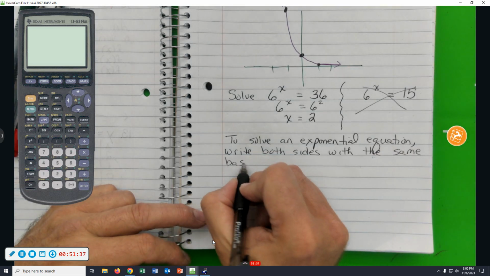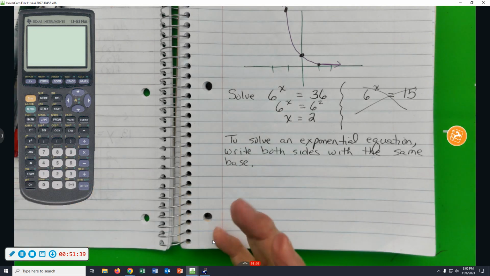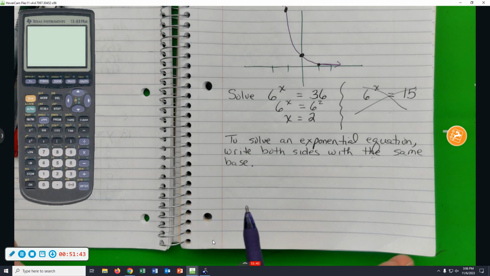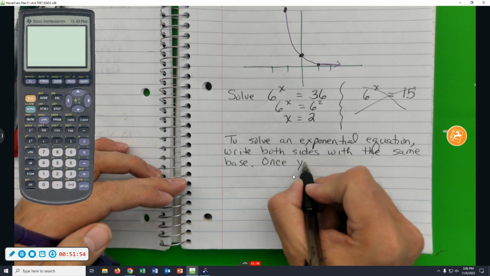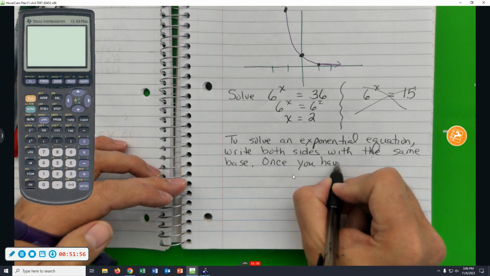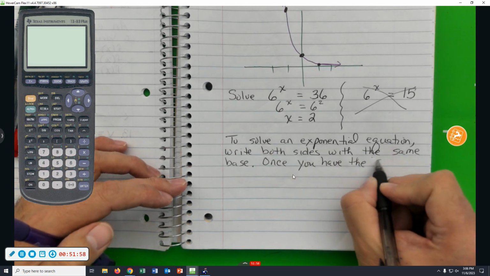And you know what? It just dawned on me. I want to review a rule of exponents that we're going to be using in a moment. Make a note here. Once you have the same base, then drop the base and set the exponents equal.